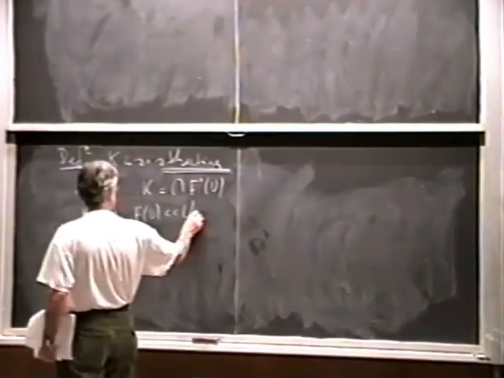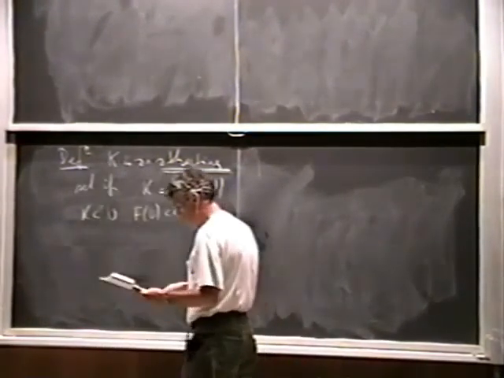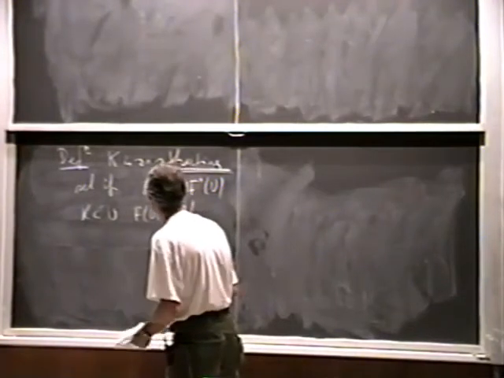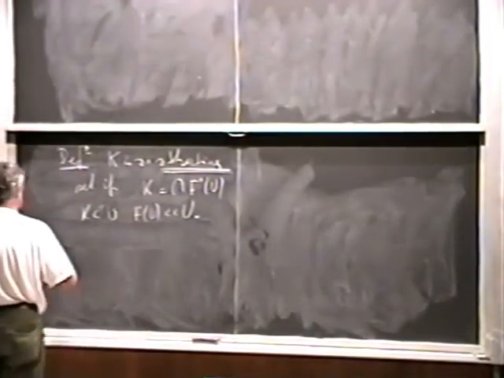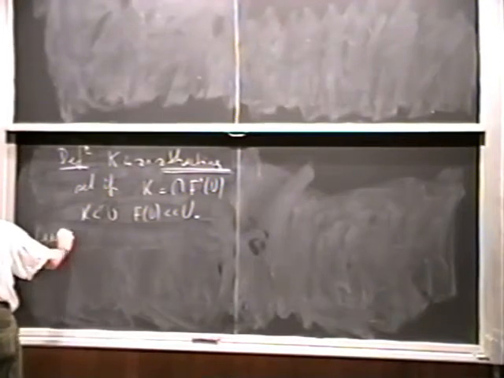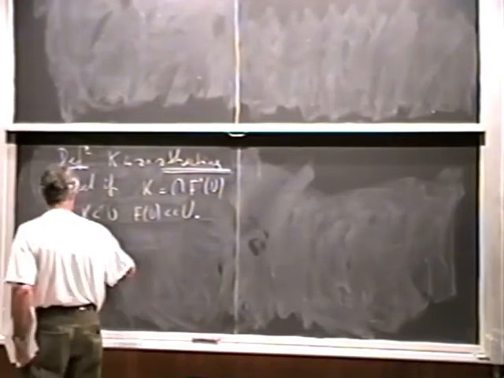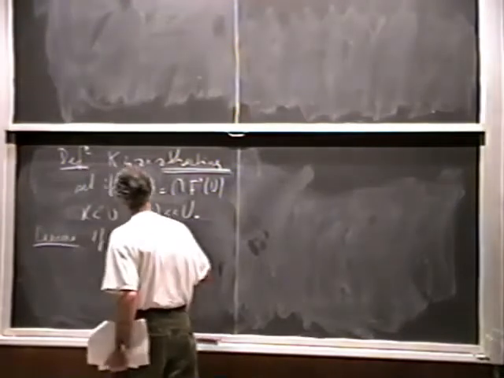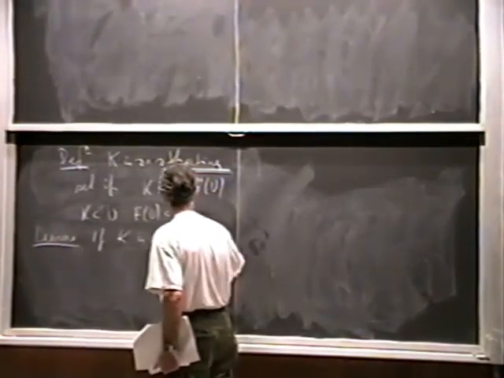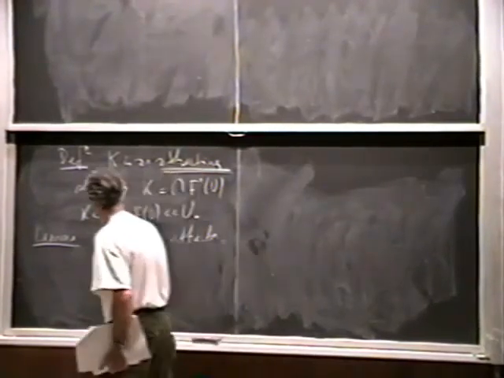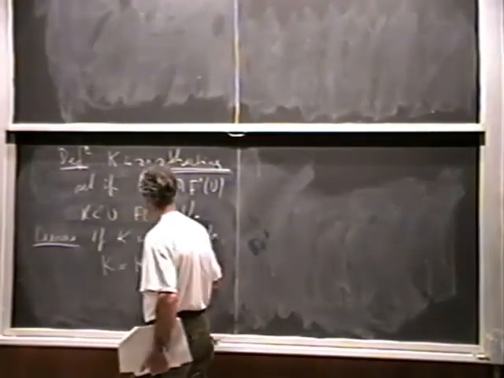Nevertheless it's easy to see that if K is an attractor, it's almost an attracting set. You can certainly write K as a decreasing limit of attracting sets.